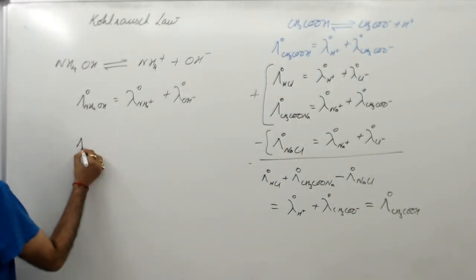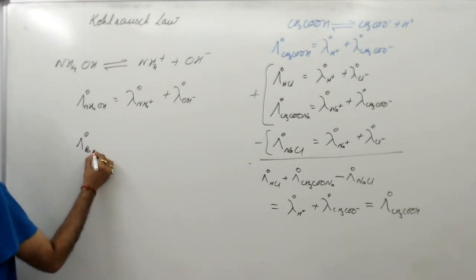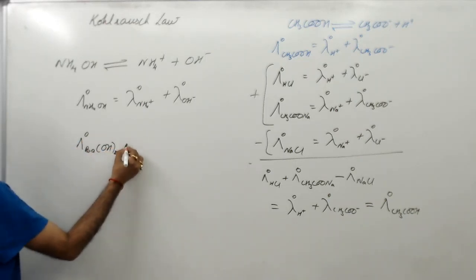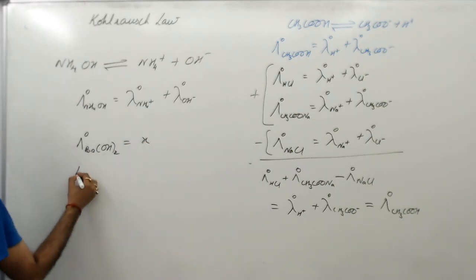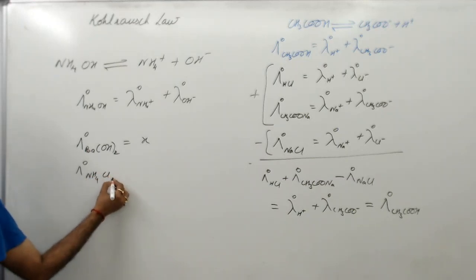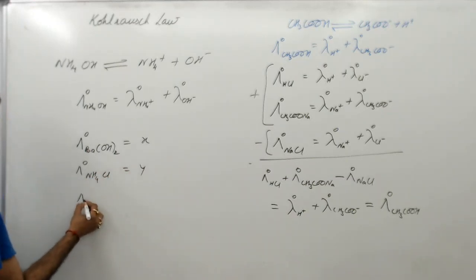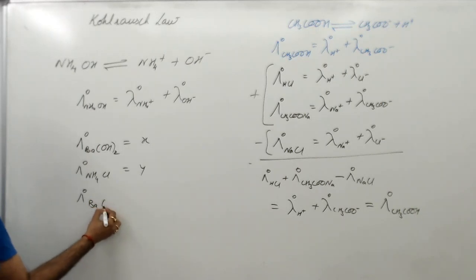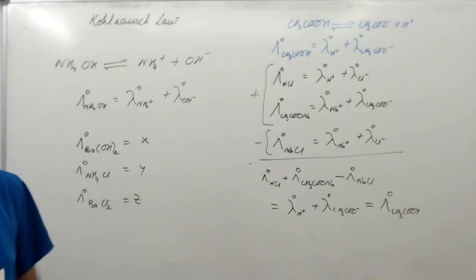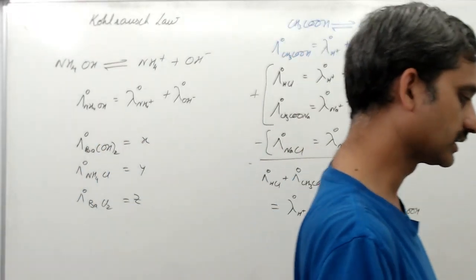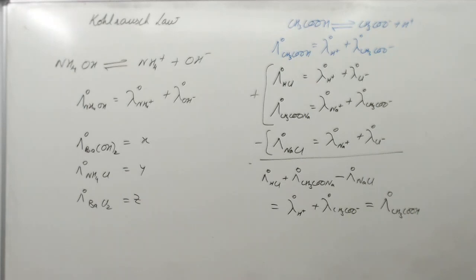Let's say lambda naught of Ba(OH)2 is X. Lambda naught of NH4Cl is Y. And lambda naught of BaCl2 is Z. Could you give me the molar conductance of NH4OH in terms of X, Y, Z? Yes, again the same thing. In terms of X, Y, Z.